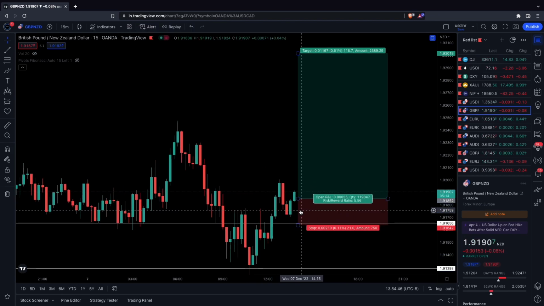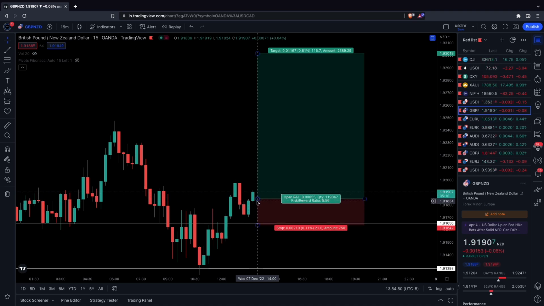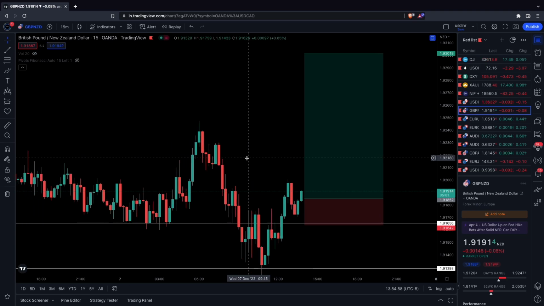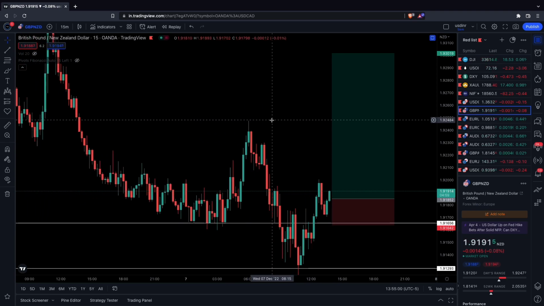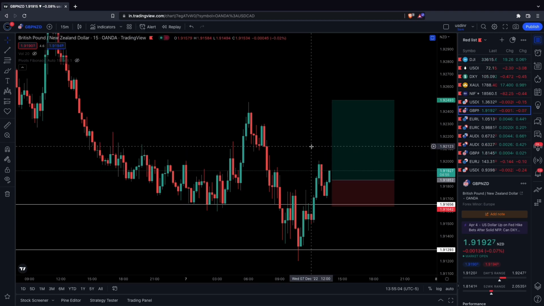And where are our potential targets? Right now I've taken an entry somewhere over here, and my stop loss is right below this candle over here, and the first target can be this high over here. Again, the concept is going to be the same, just like how we were looking for the price to go back down and come back up over here.